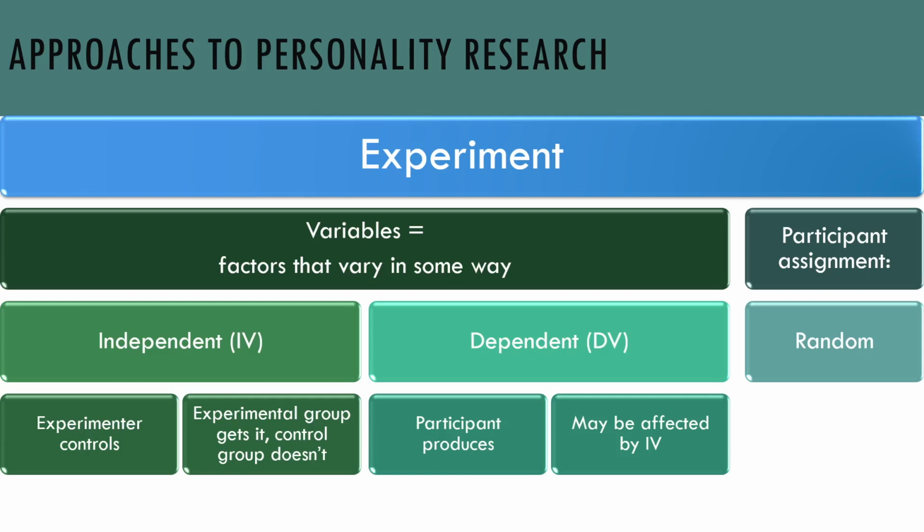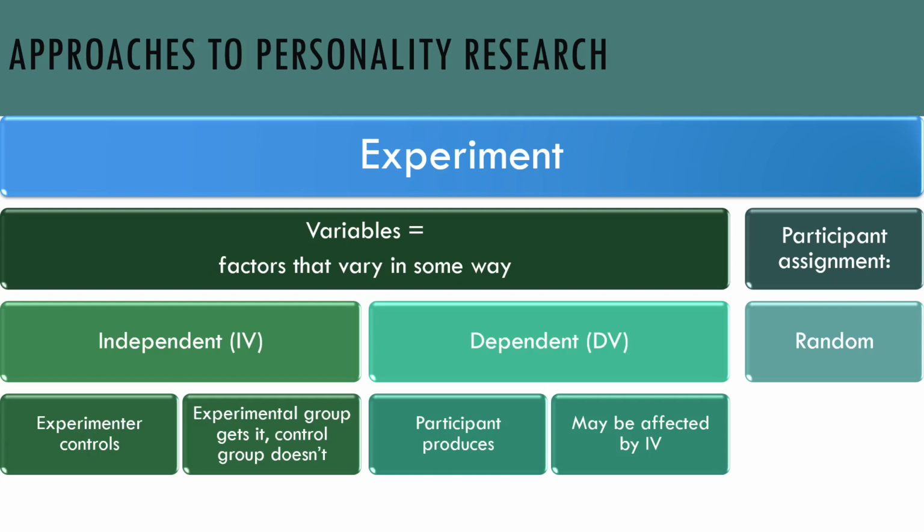That way, any individual differences that exist between the respondents or the participants will be distributed between the experimental and the control group. And that means now there won't be any systematic differences that are attributable to individual differences that the participants brought with them. So the experimenter needs to be able to control that independent variable and make the assignment of experimental or control condition, because that assignment needs to be random.